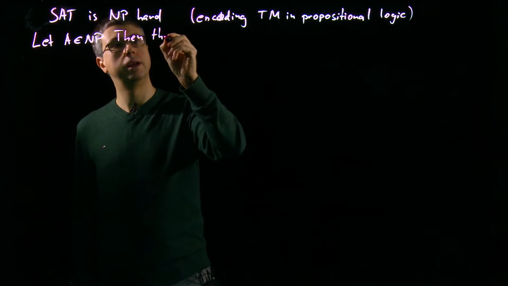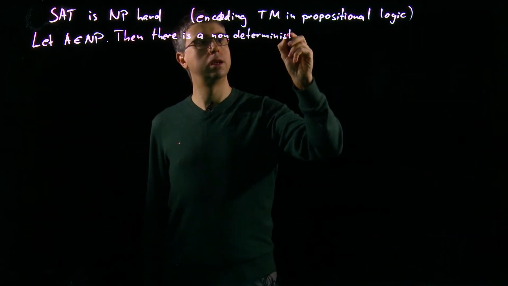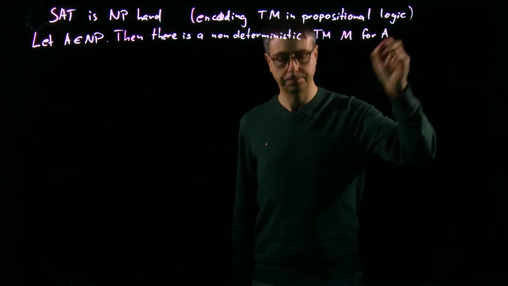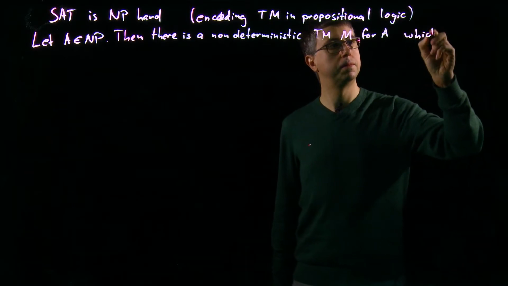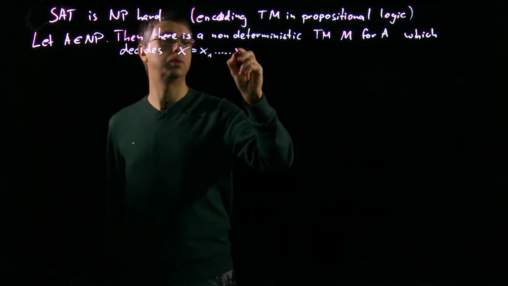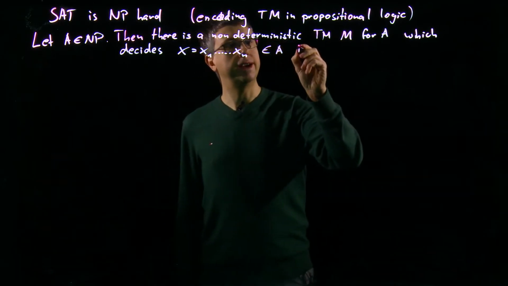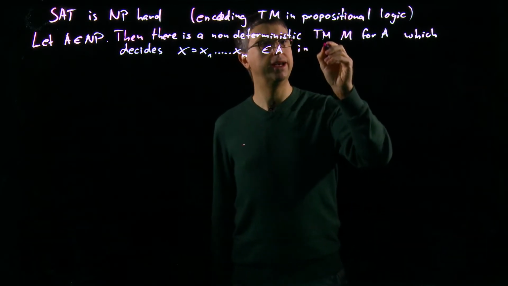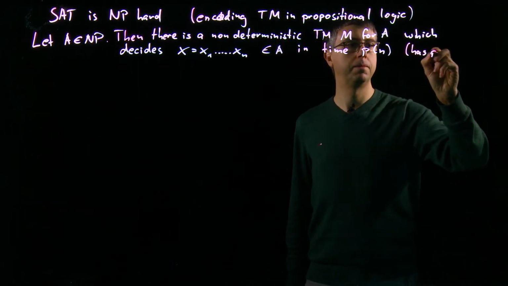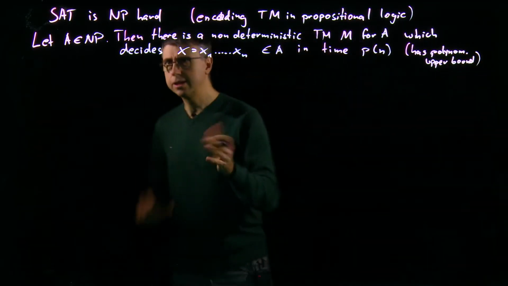So there is a non-deterministic TM for exactly this problem, M for A, which decides, given an input x with the letters x1 to xn, whether this input is actually in A. It decides in polynomial time, and we'll fix this polynomial time as p of n, which is a polynomial upper bound. So that's what we know so far.